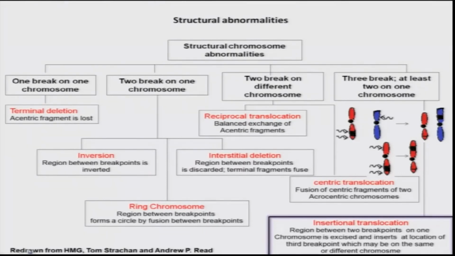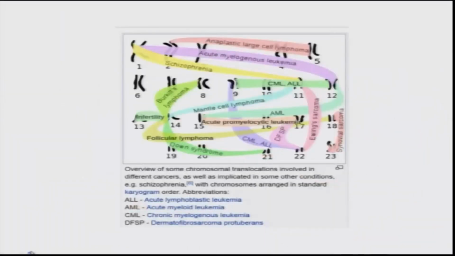So, these are some of the examples of how breakage in the chromosomes can alter the way they are arranged, and the majority of such changes, translocations and exchange of the chromosomes, are seen in conditions where it is either the consequence of some cancerous event or it could be the cause of the event.